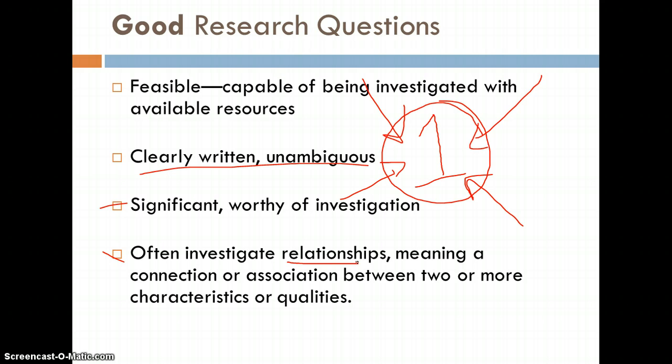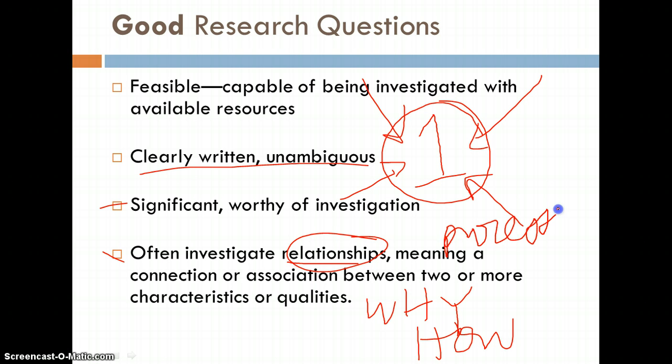But really, those aren't hard and fast rules. Those are generalizations. Know that good research questions are going to ask the why and the how questions. Those could be about relationships, those could be about processes, those could be about something else. But why and how are great ways to start.